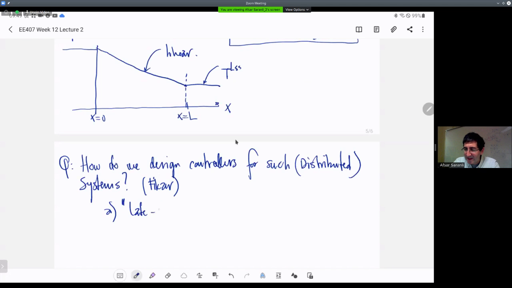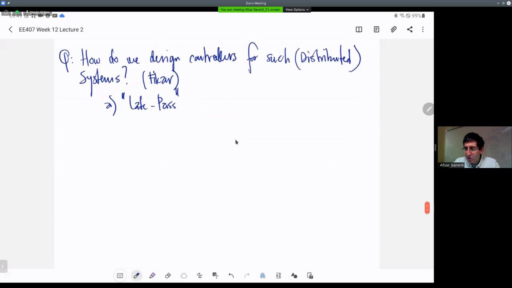One is called the late pass, and the other one is called the early pass. Okay. Now, a late pass is that you try to use the partial differential equation directly to design controllers.